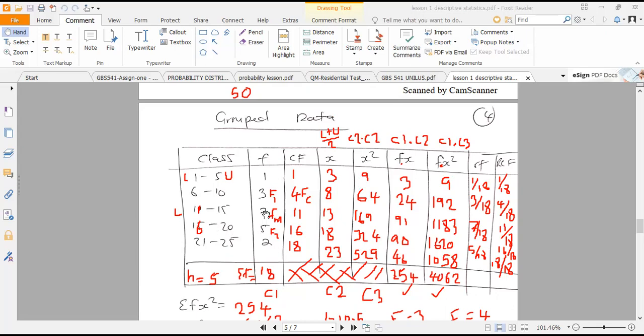Our Fm is 7, F1 is 3, F2 is 5. So 7 minus 3 is 4, 7 minus 5 is 2. The lower bound here is 10.5 because we are subtracting 0.5.